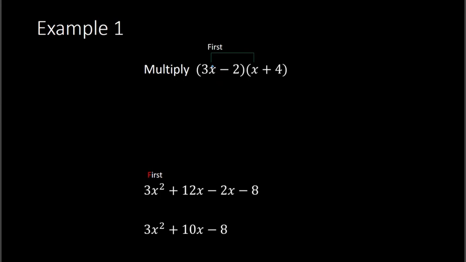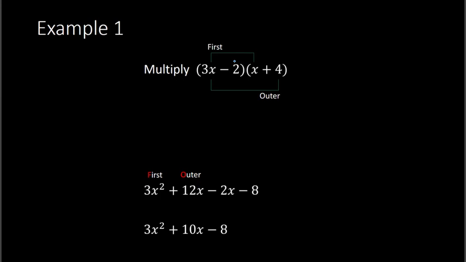Okay, the next we distributed the 3x times 4, right? So 3x times 4, that would be your outer numbers. So 3x and 4 are on the outside. Those are your outer numbers. So that second term right here is found by multiplying the outer numbers.